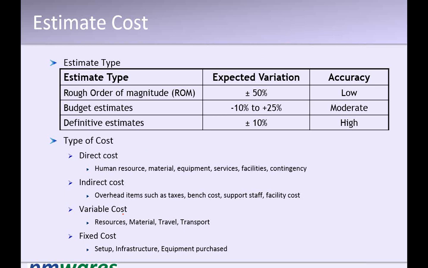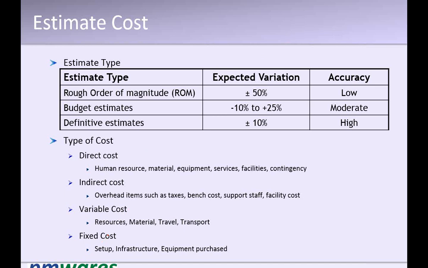Fixed costs normally come from capital expenses or the capital account, and this is for the operational account. The fixed cost is a cost which, once incurred, cannot be changed, and it is done on specific things like you have developed an infrastructure. You have spent the cost. Even if your project doesn't completely use the infrastructure, this cost is already done. It comes as a fixed cost.